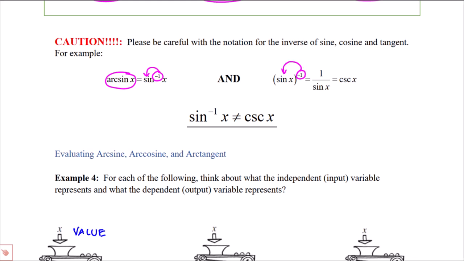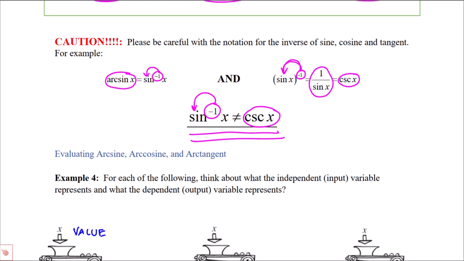Sine of x is a number. And to take the reciprocal of a number, I put it over that same number. And the reciprocal of sine is cosecant. These are not the same. This is the inverse of a function. This is the reciprocal of sine.